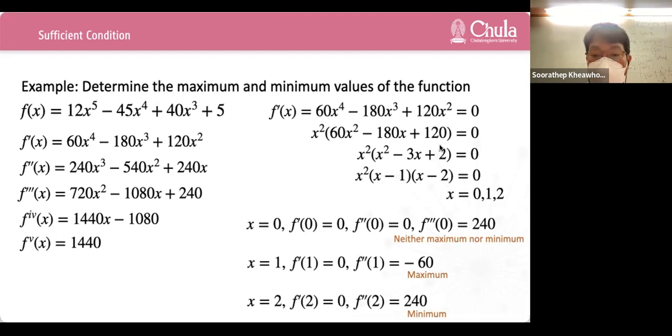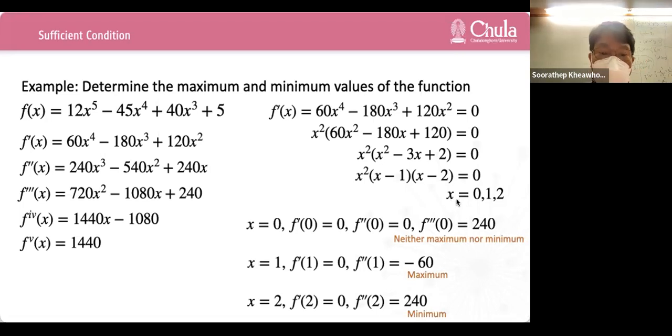Okay, then we check the extreme point first. The condition for an extreme point, of course, is that the first order derivative must be 0, right? So we find the point where the first order derivative is 0. We obtain that x can be 0, 1, or 2, right?